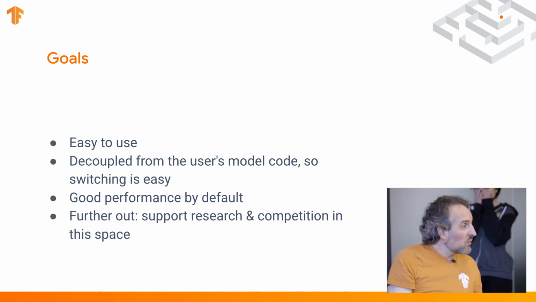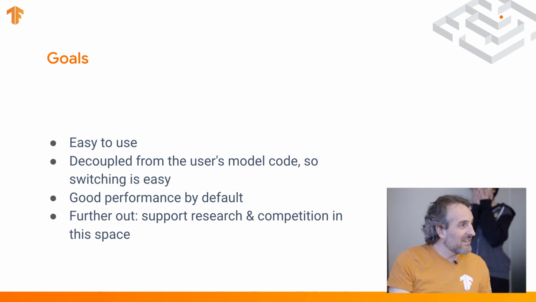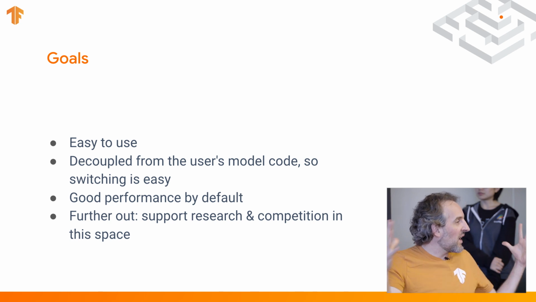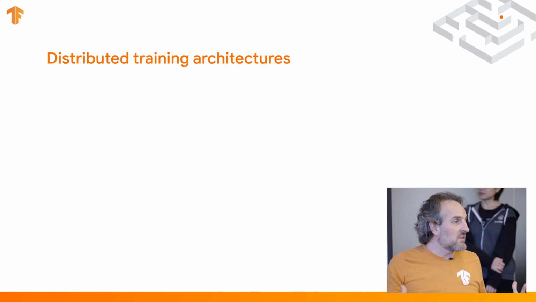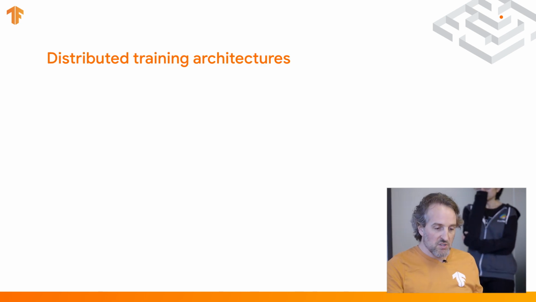We've also done a lot of work to get very good performance, but I am really not going to talk about that today. It's very helpful to go through what these different training architectures look like, so you have some idea of the range of different use cases that we're trying to accommodate on the distribution side.